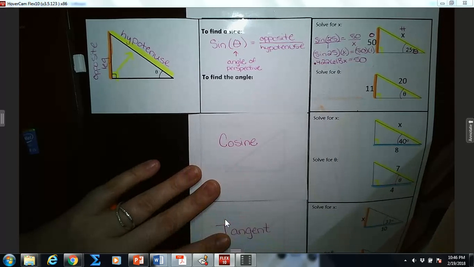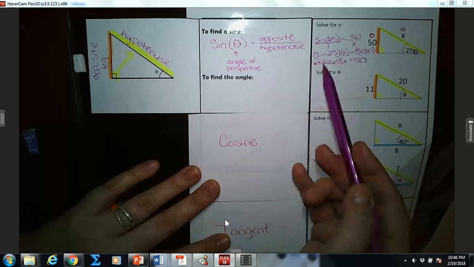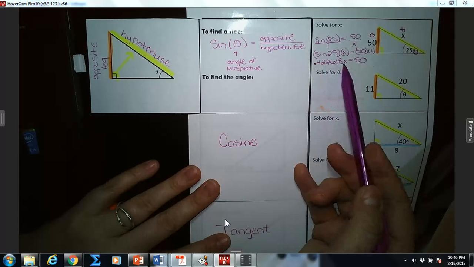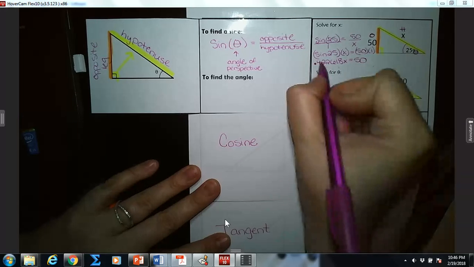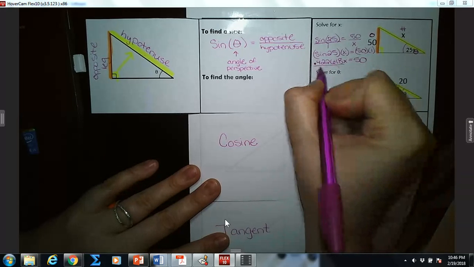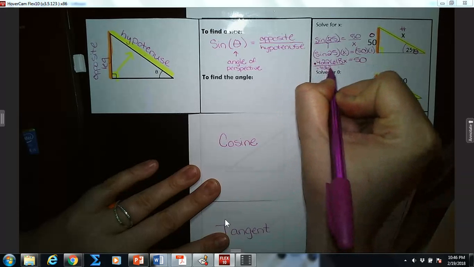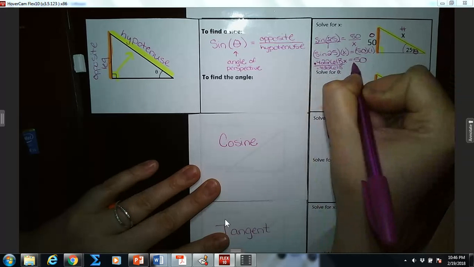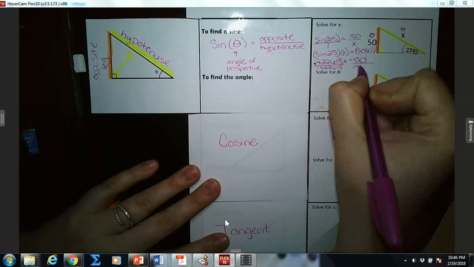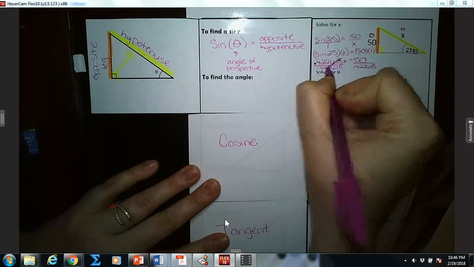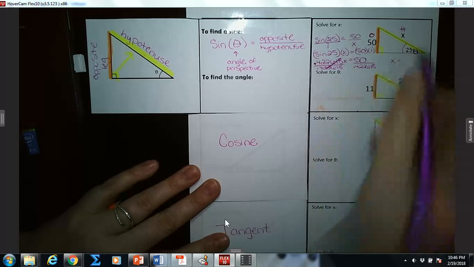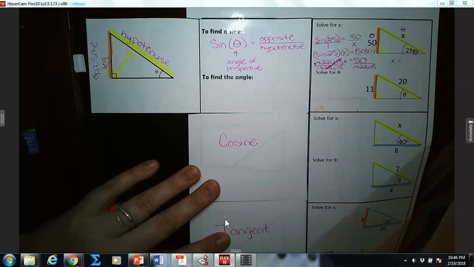And now I have one more algebra step in order to solve for x. 0.422618 times x equals 50 can be solved by dividing by 0.422618. If I divide both sides by 0.422618, I will get x all by itself, and I'll know how long the length of that hypotenuse is.